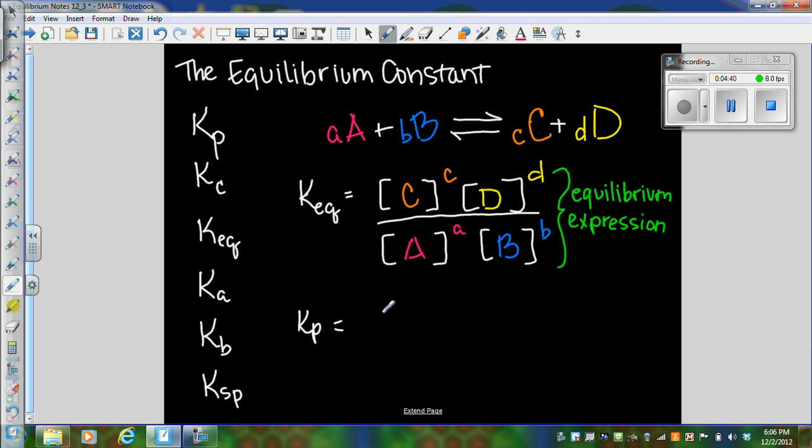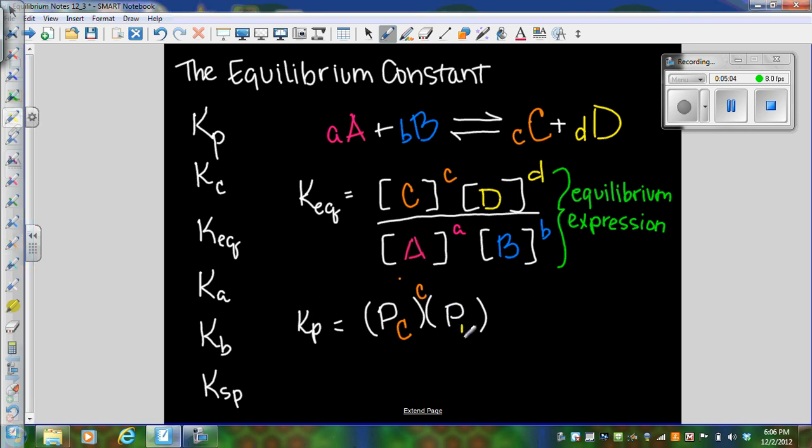So what we do instead is we use a P for pressure, and then we modify that by doing a subscript with the product, and we still raise it to its power.